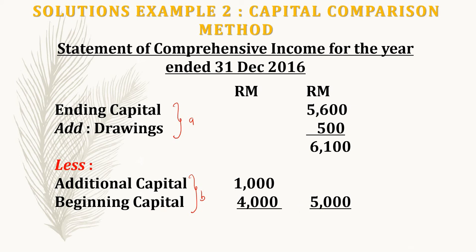So to get your profit or loss, you'll take your component A and subtract the component B, and you'll get your net profit. This is the way to calculate the net profit using capital comparison method when you are given more than just the ending capital and also the beginning capital amount.